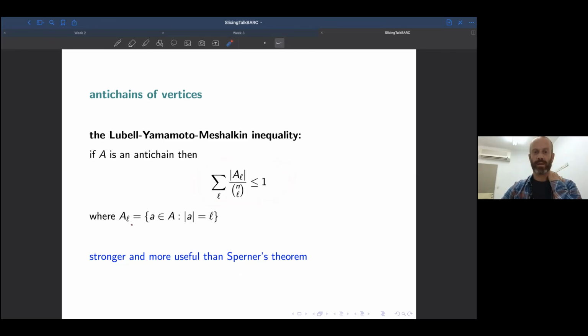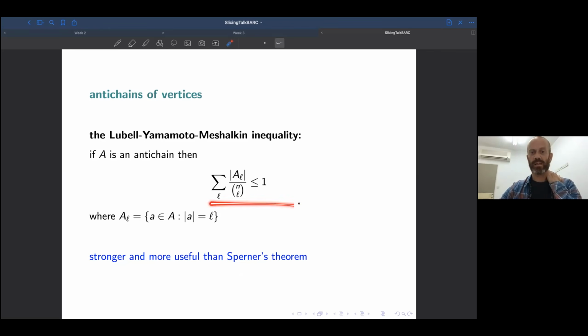We take the antichain and partition it according to the size of the set. These are all the sets in the antichain that have size L. Then we sum over all L, dividing each size by the total number of sets of that size, and this number is at most 1.